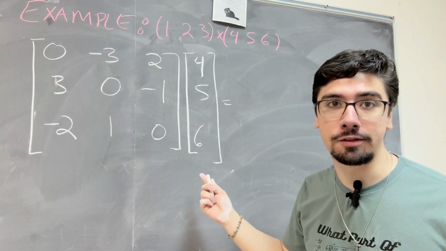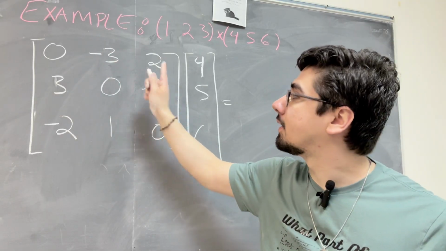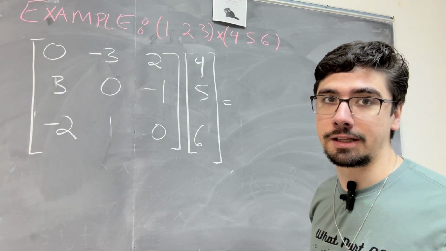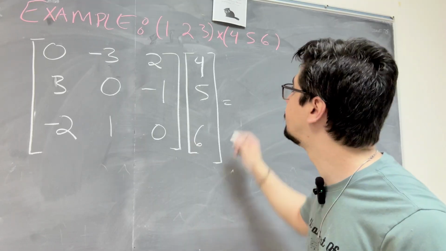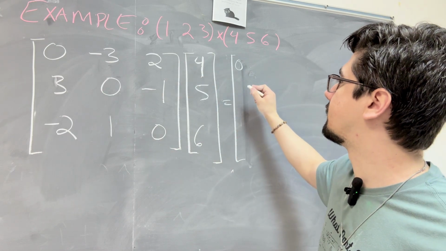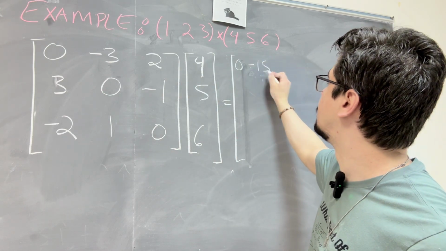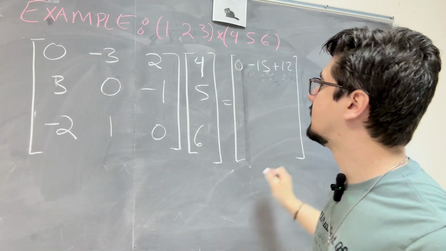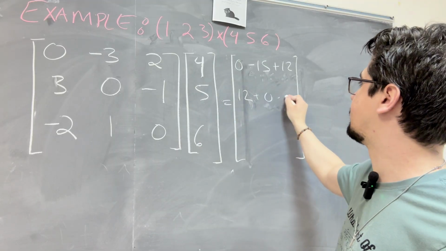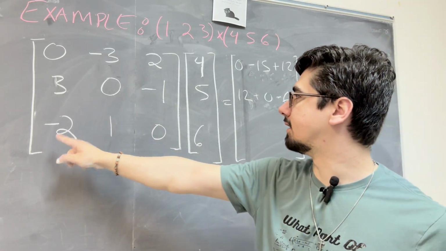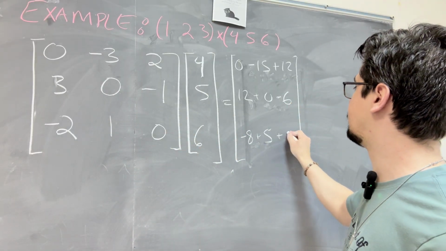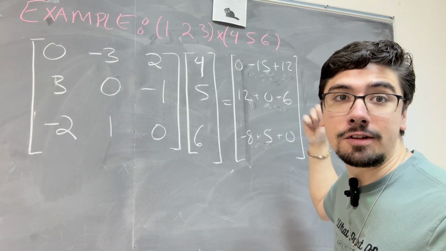So setting up our matrix, it's going to look like 0, minus 3, 2, 3, 0, minus 1, and negative 2, 1, 0. And then we go ahead and leave the second vector as is, and let's multiply through. So 0 times 4 is 0, negative 3 times 5 is negative 15, 2 times 6 is 12, and then 3 times 4 is 12, 0 times 5 is 0, minus 1 times 6 is minus 6, and then negative 2 times 4 is negative 8, 1 times 5 is positive 5, 0 times 6 is 0, and so we go ahead and simplify from here.